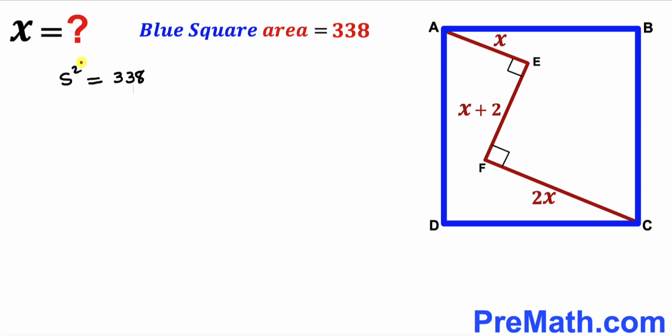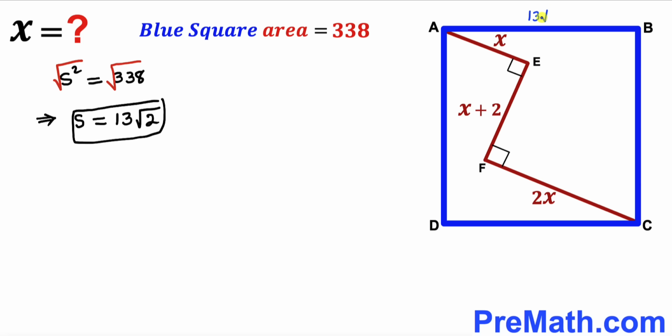And now I'm going to undo this square by taking a square root on both sides. So therefore, our side length S of this blue square is going to be 13 times the square root of 2 units. So therefore, the side length of this blue square is going to be 13 times square root of 2.